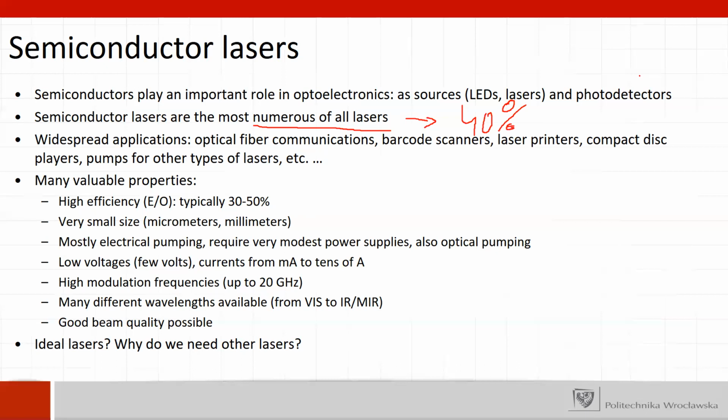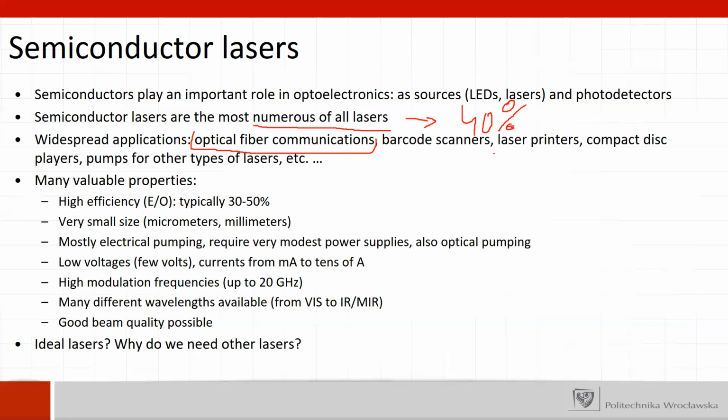And this is a huge market because there are many applications of these lasers. So first of all, optical fiber communications. So as I said, when we have internet at home from the fiber, there is at least one laser at our home because we have a laser in our router. And there is another laser on the other end of the optical link that transmits data.